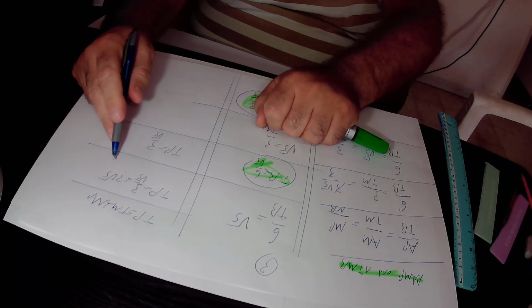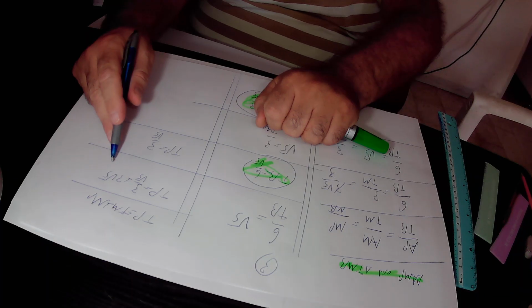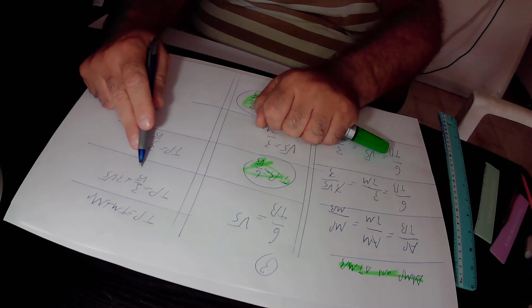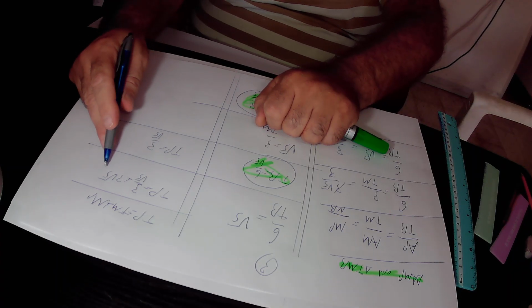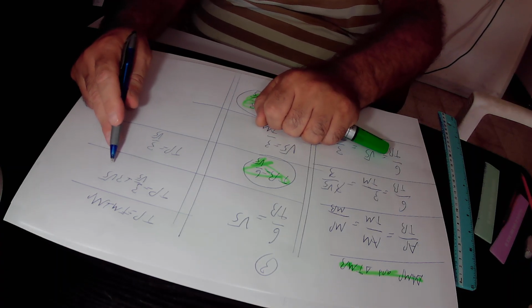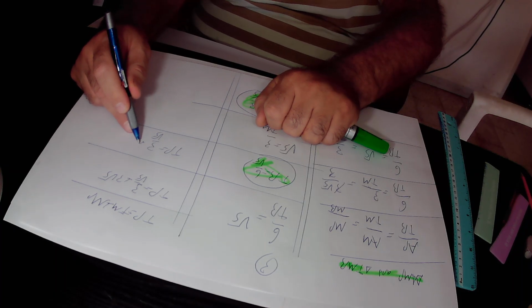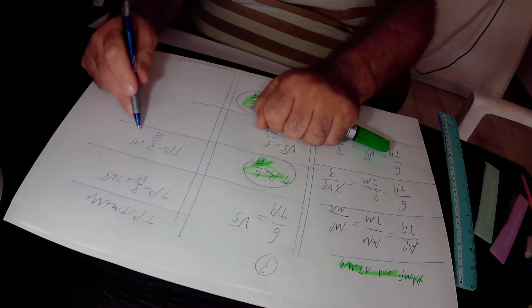Here we multiply 3 times square root of 5 by square root of 5, and then we divide by square root of 5 in order to have a common denominator. Square root of 5 times square root of 5 is 5, and 5 times 3 is 15. So we have 15 over square root of 5.